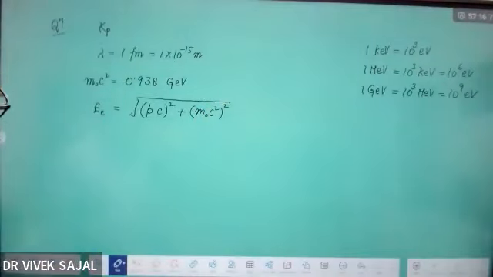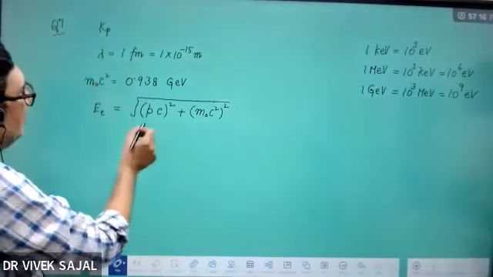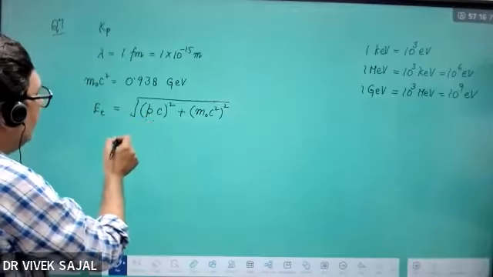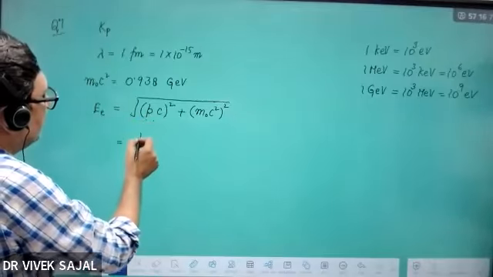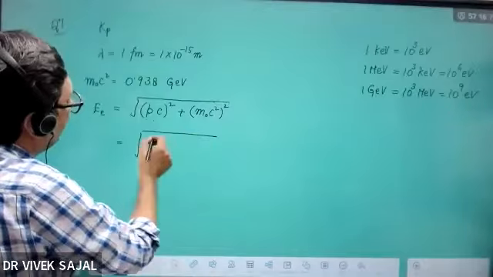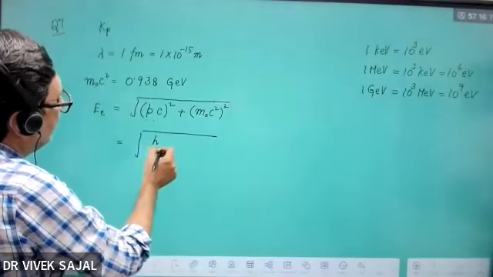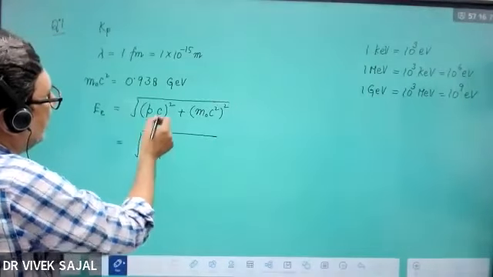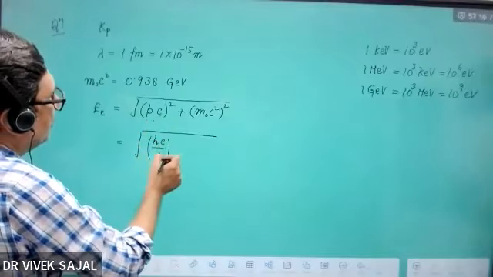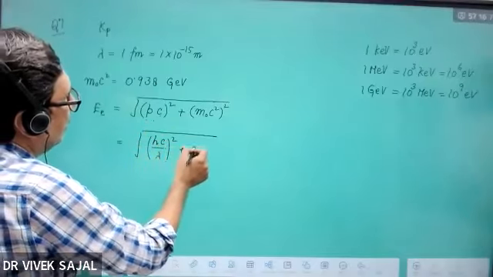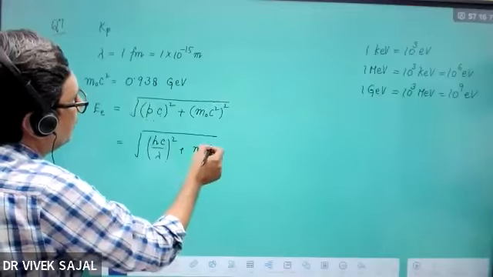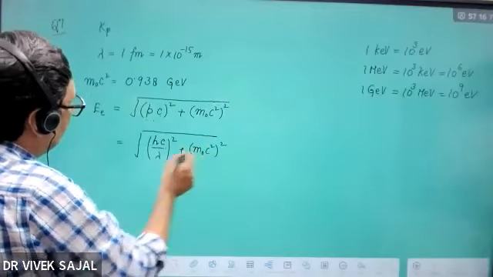Now p is h by lambda. So this will be h divided by lambda multiplied by c, plus m0 c square, whole square.